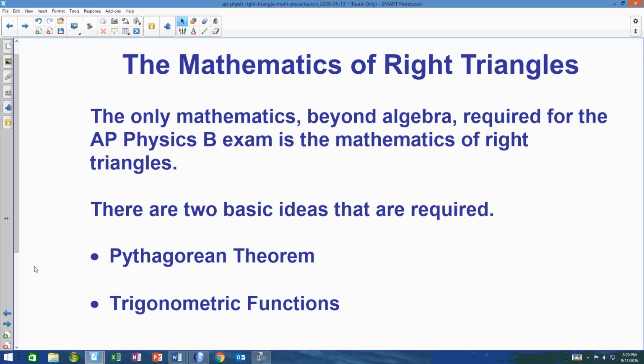So when we do physics problems and we're working with vector quantities that are neither parallel nor perpendicular, or even if they are perpendicular, then we need to consider using two basic ideas: the Pythagorean theorem and trigonometric functions. For the Pythagorean theorem, we're going to use a squared plus b squared equals c squared. And for your trigonometric functions, you're going to use sine theta, cosine theta, and tangent theta.